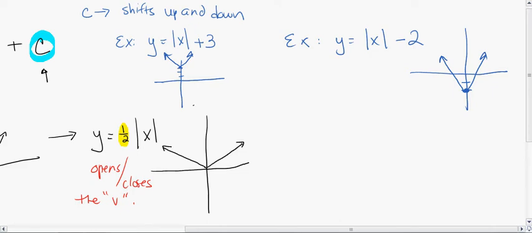So the adding 3 moves the graph up, and the subtracting 2 moves the graph down.